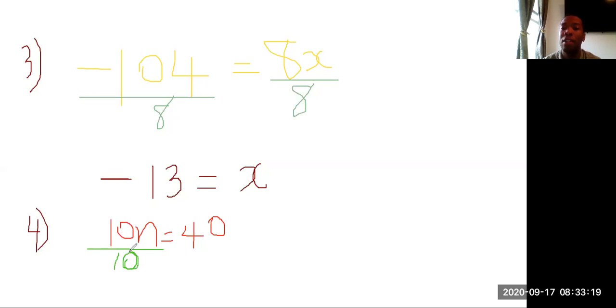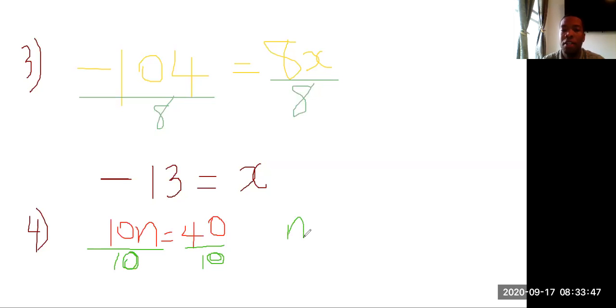And the property that I was looking for is called the multiplicative inverse. All right? Then I have to divide by 10 on both sides, because whatever I do on one side, I have to do on the other side. 10 divided by 10 cancels out.